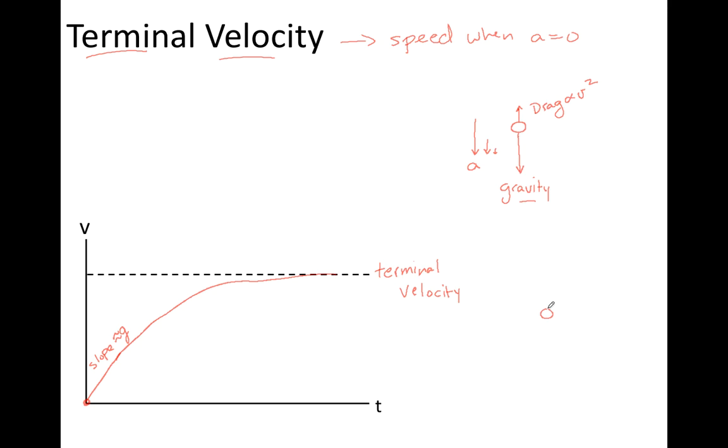It's no longer accelerating because when the velocity is terminal, the force of gravity acting downwards is balanced by the drag force. And when the forces are in balance, the acceleration is zero. And that's where the slope becomes zero.